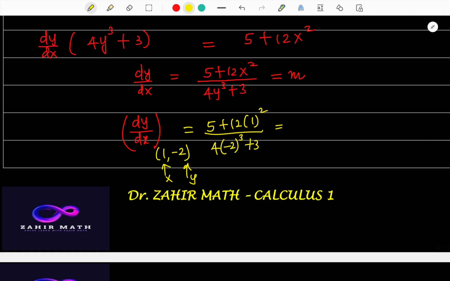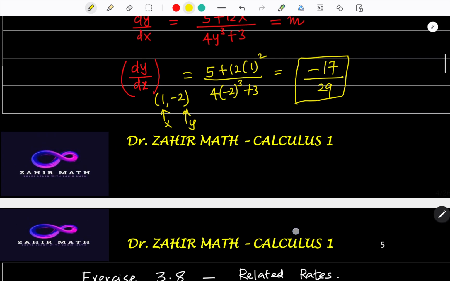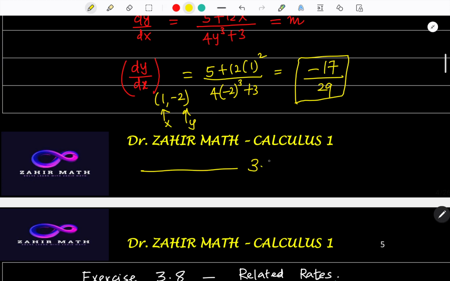You will write 5 plus 12 times bracket 1 squared, which is 1, and divided by 4 bracket open -2 bracket close power 3, and then plus 3. So it's going to become -17 divided by 29. Minus 17 divided by what? 29. Right. This finishes your exercise 3.7.